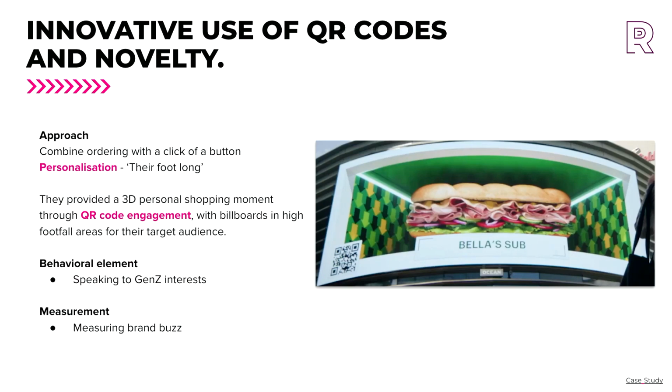This was a campaign that I'd judged in one of the judgings I'd done previously. This approach brings together your QR code usage along with your digital out of home. So this was Subway, where they wanted to engage with Gen Z. They had billboards up in a shopping centre, and the idea was that you could scan the QR code, order your sub, personalise your sub, and it would appear on the billboard itself along with your name, and then they would eventually bring you that sub that you had ordered through this format.